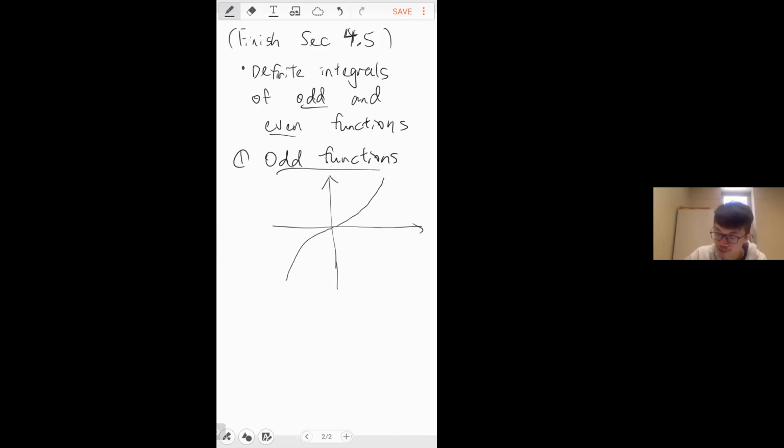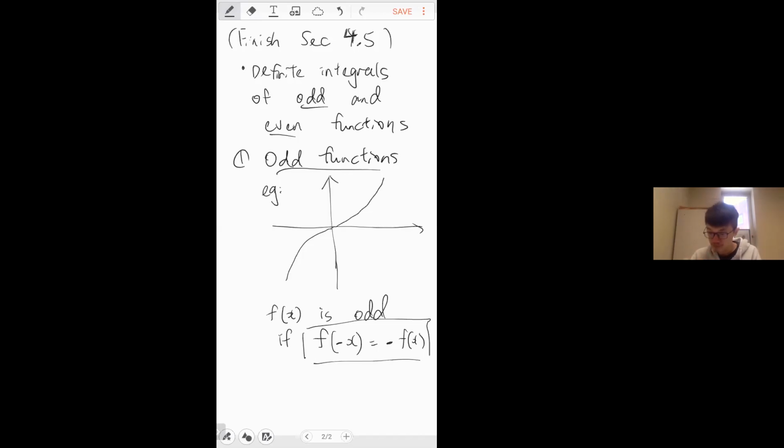Okay, so this is one example. The formal definition is, we say that a function is odd if when you put in negative x, you get negative f of x. So this is the definition of odd.